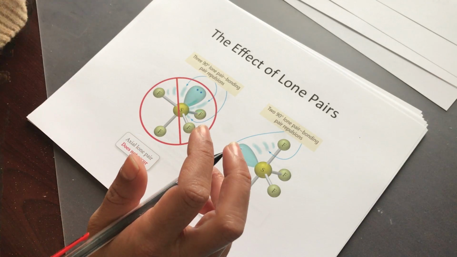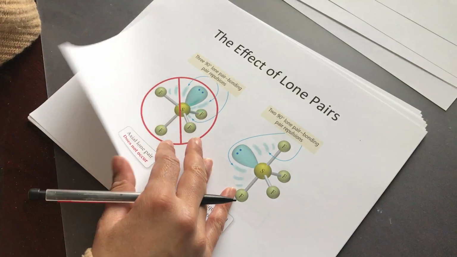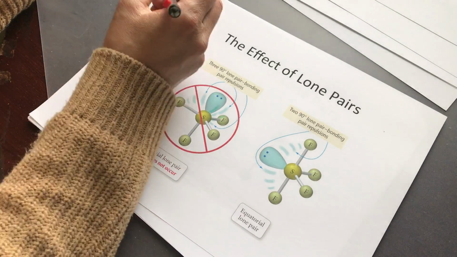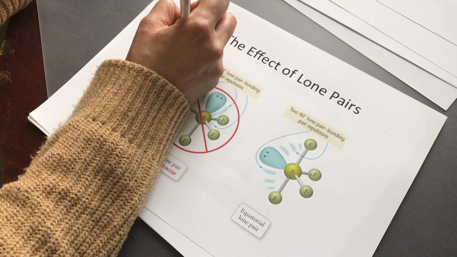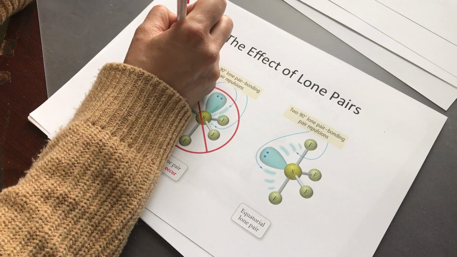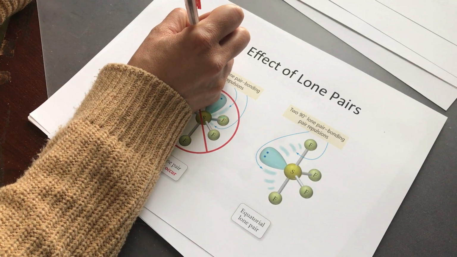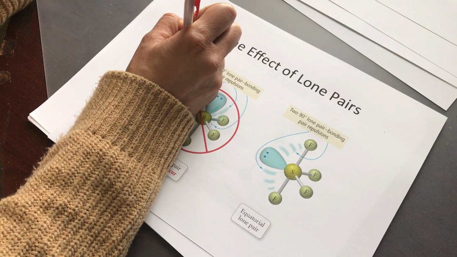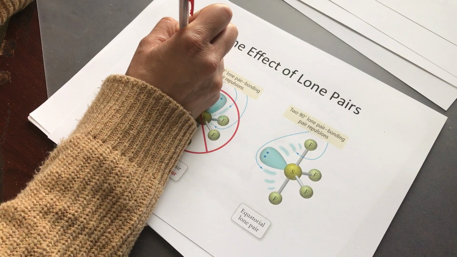Now, the effect of lone pairs. So when we have 5, it gets a little bit different. We learned that for 5 electron groups, we have a trigonal bipyramidal, and we have a 90 degree and 120 degree, axial, equatorial.